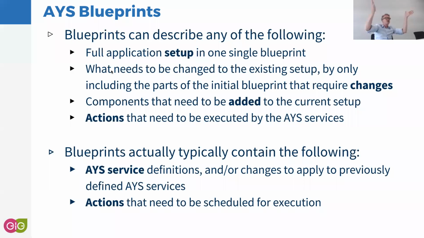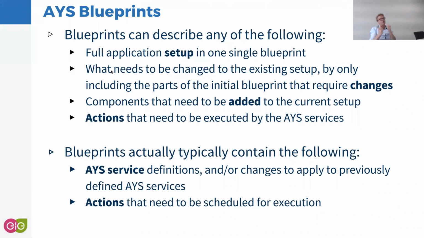But one of the nice things about AYS is that, it's like a house. You might say, I want to change a socket for the electricity because I need an extra one. Would you create a full new blueprint of the full house just to add a socket? That doesn't make sense, of course. We support that, but it doesn't make sense.